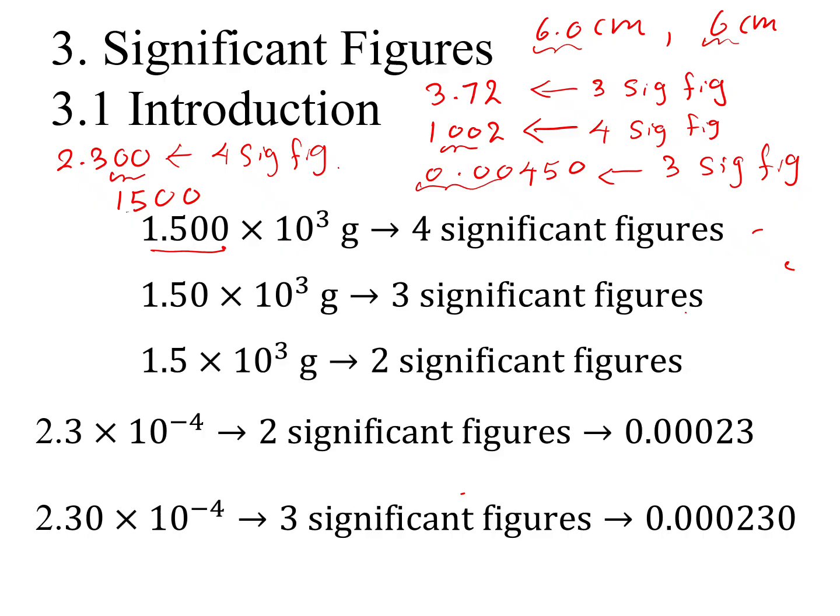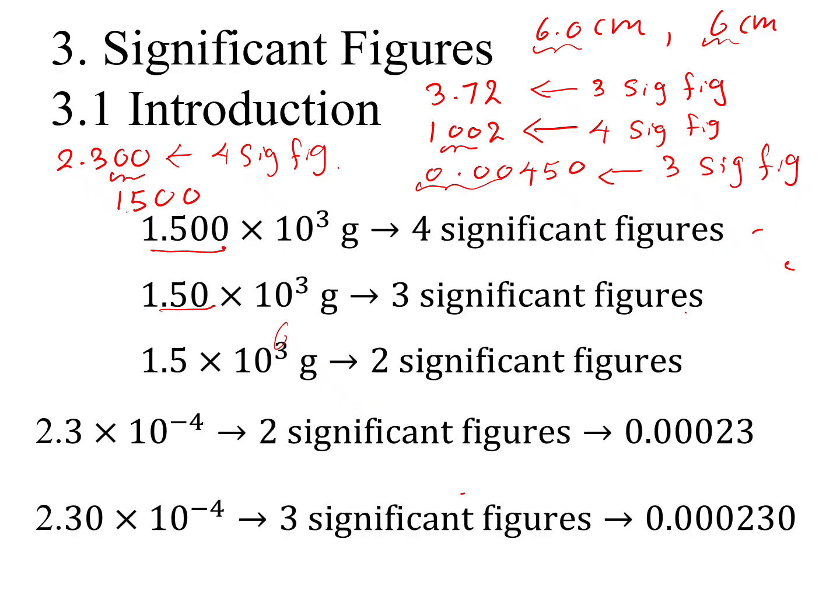If you write it as 1.50 times 10 to the power 3, it tells you we have three significant figures. If you write it as 1.5 times 10 to the power 3, then it has two significant figures. So it depends on how you write down the number using scientific notation; we can indicate how many significant figures we have.